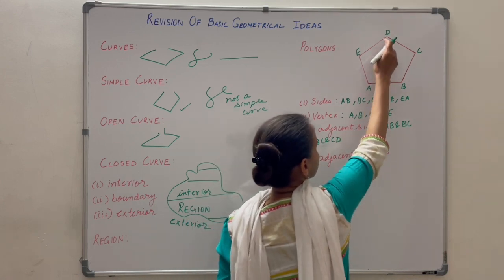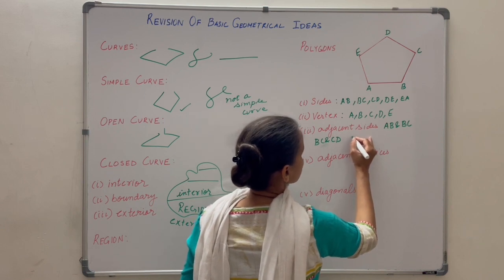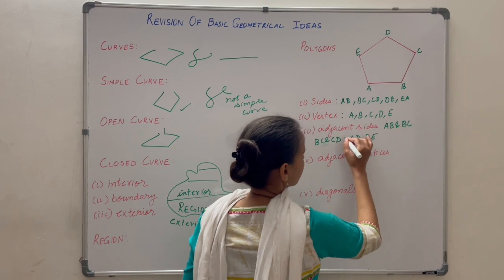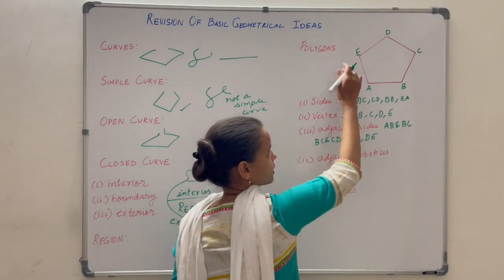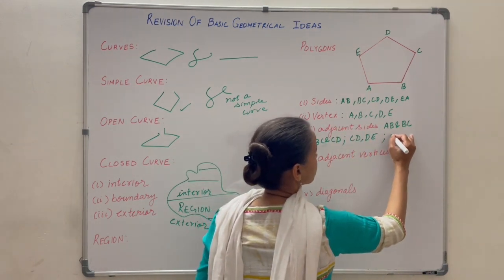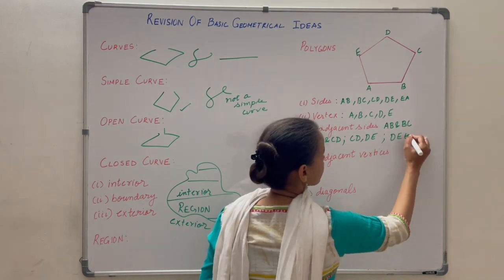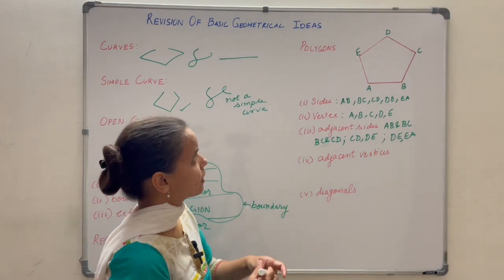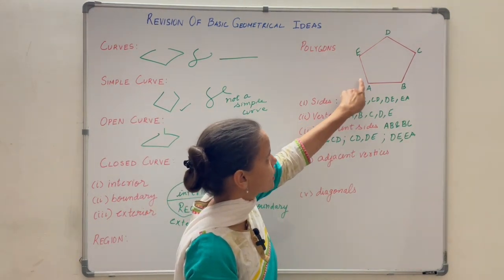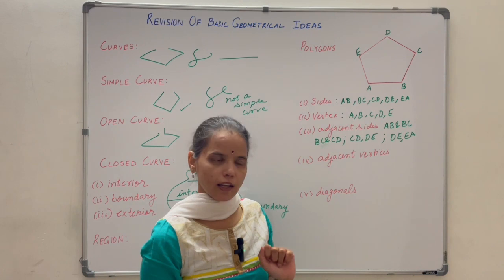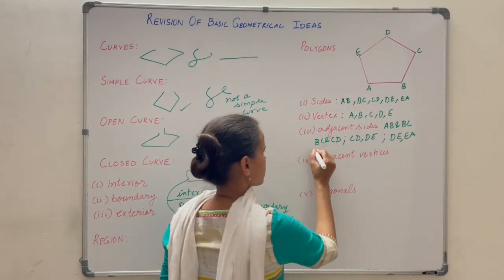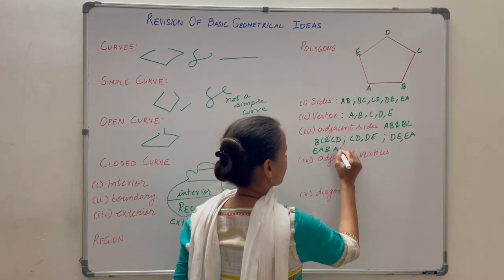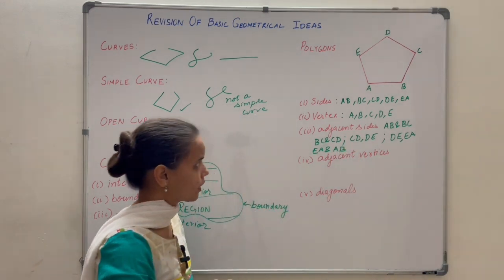If you take point D, here CD and DE are the adjacent sides. If you take point E, then DE and EA are the adjacent sides. Similarly, if you take point A, EA and AB are the adjacent sides.